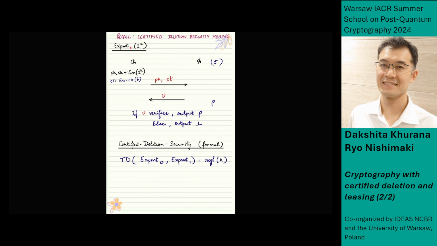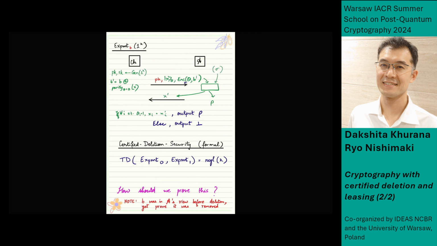The adversary at some point generates a certificate, and if the certificate is valid, we have to put all the information that the adversary has. And we consider the trace distance of the two experiments where B equals 0 and 1. If this is negligible, it achieves certified deletion security.